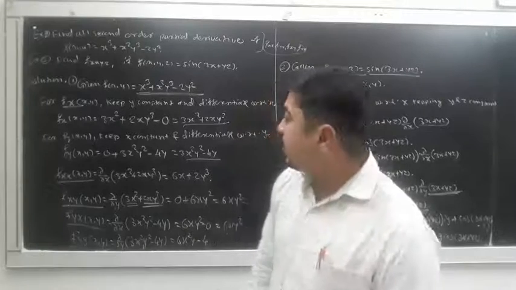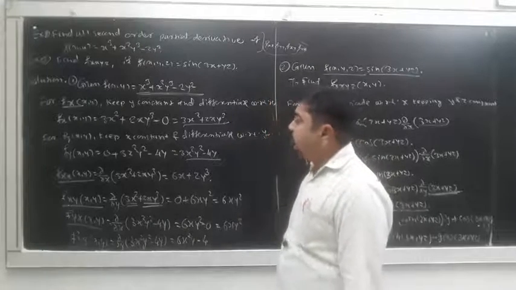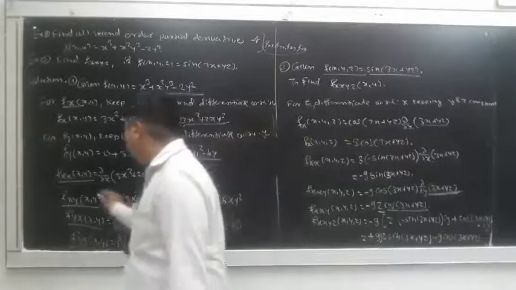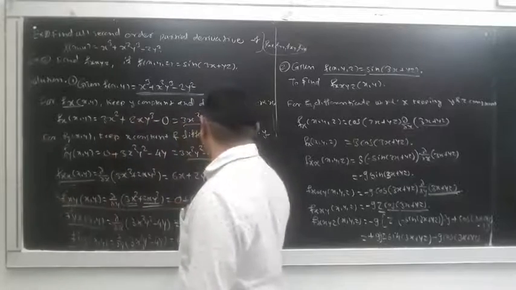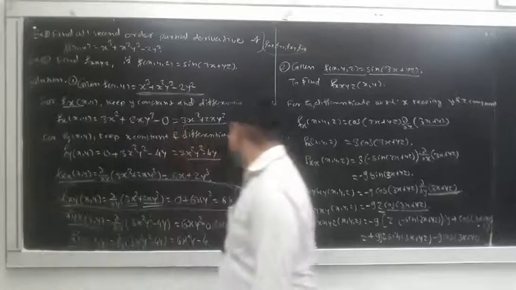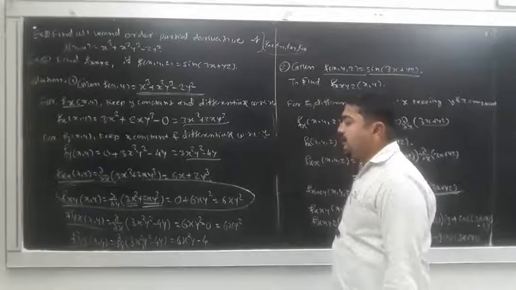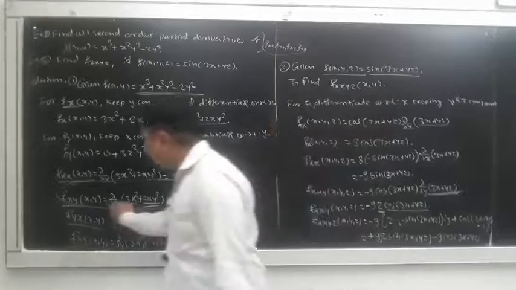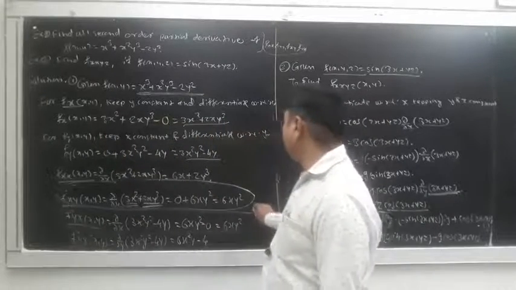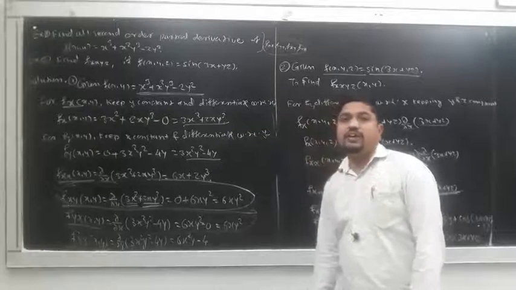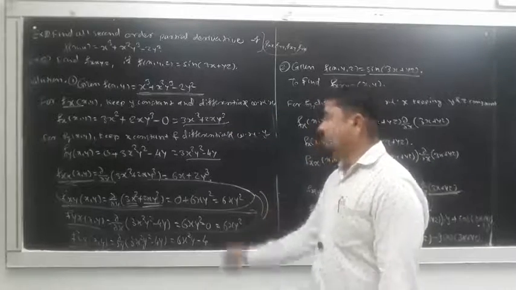Now if you see this example, what did we find here? fxy is 6xy square, and again fyx is again 6xy square, both are equal.